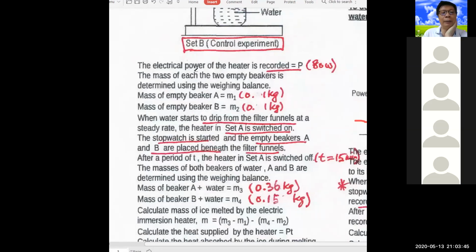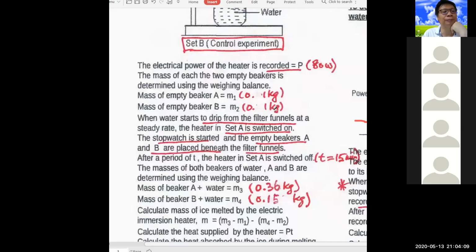The electric power of the heater, you can just check on the heater what the power is, for example 80 watt. So you jot down the power of the heater is 80 watt. The mass of each empty beaker, beaker A and beaker B, you must also measure, for example 100 gram, 0.1 kilogram.